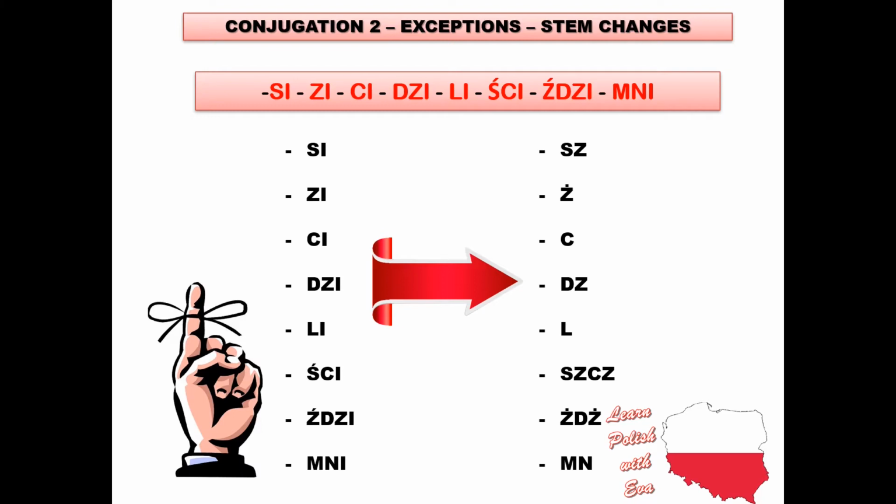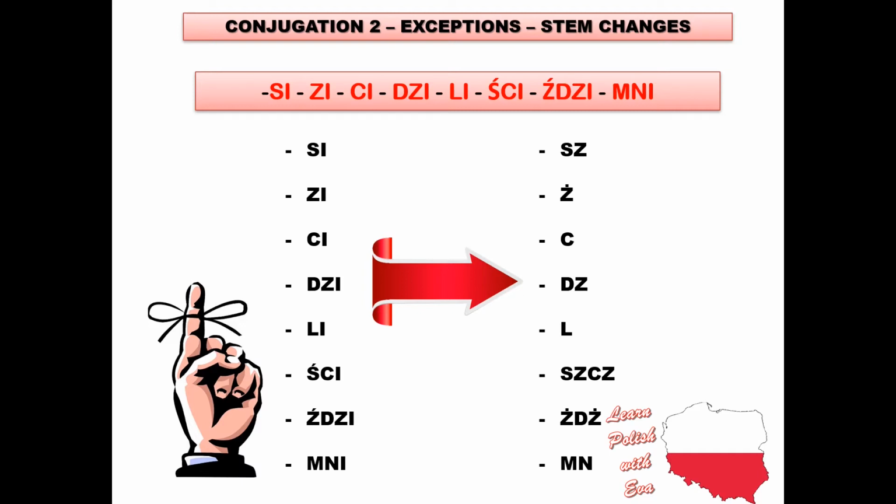So basically it just drops the i letter. dzi changes to dz. Again, drops the i letter. li changes to l. Drops the i. ści changes to szczy. zdzi changes to zdzy. mni drops the i and becomes mny.